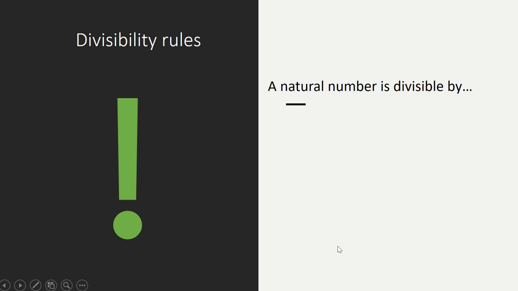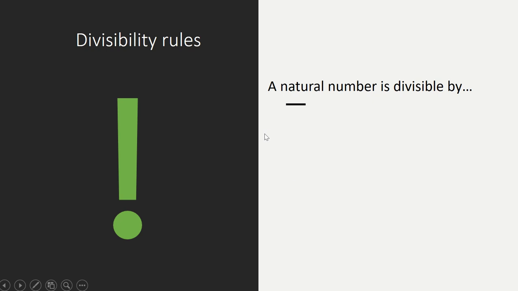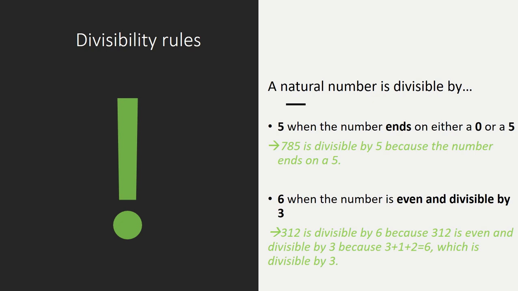Because if you look back at the rules, you need to add the digits and they need to be divisible by 3. So I'm going to add 3, 1 and 2. That's 6. 6 is divisible by 3. So that means that this number, 312, is divisible by 6.